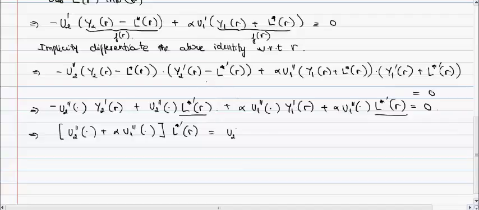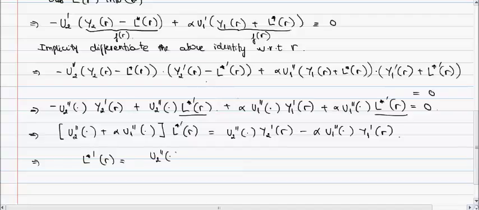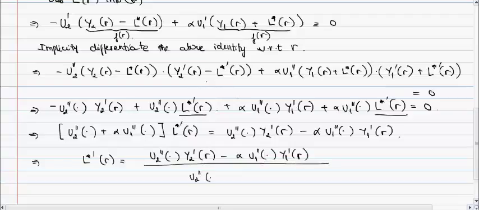So that becomes u2 double dash times y2 dash of r minus alpha u1 double dash times y1 dash of r. Therefore, L star dash as a function of r is going to be equal to u2 double dash y2 dash of r minus alpha u1 double dash y1 dash of r, everything divided by u2 double dash plus alpha u1 double dash.